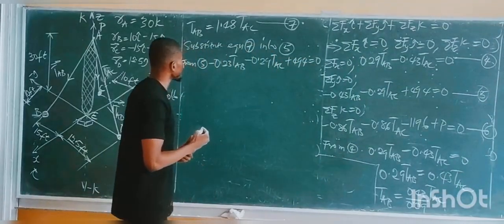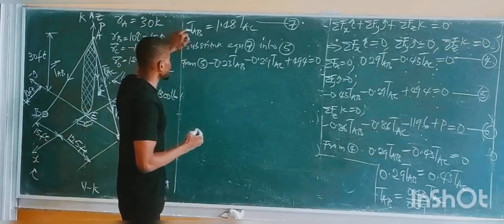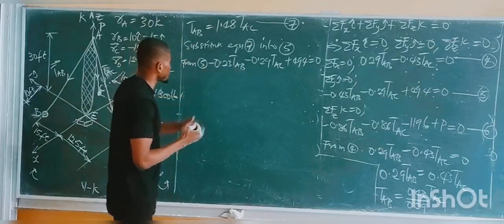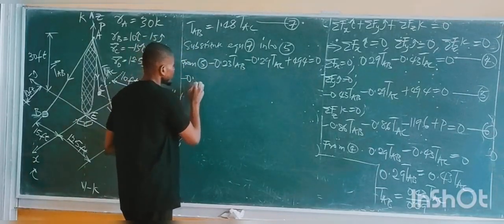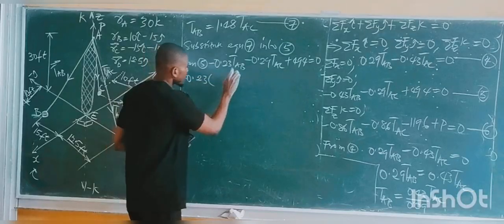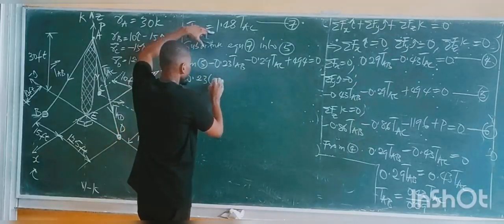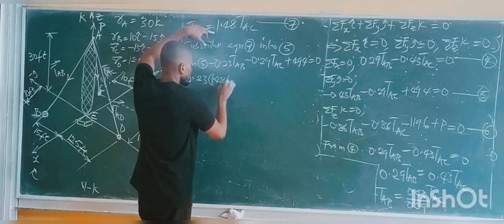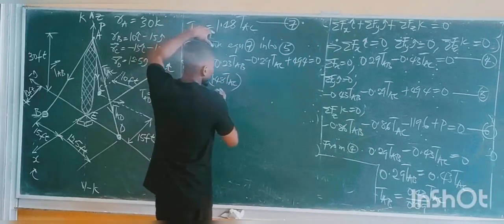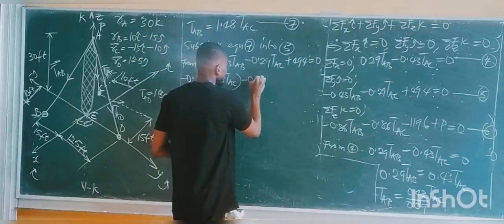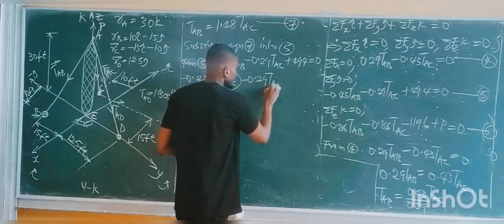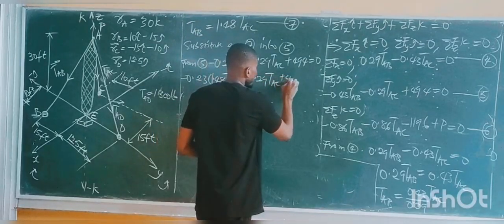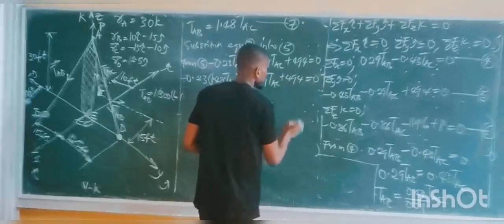In place of TAB, we put in this value 1.48 TAC, minus 0.29 TAC plus 494 equals 0.